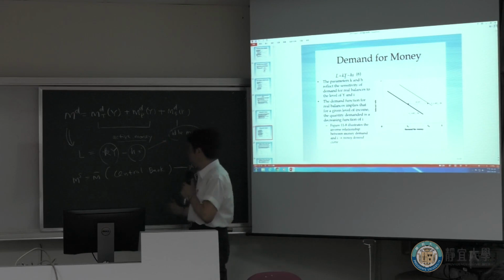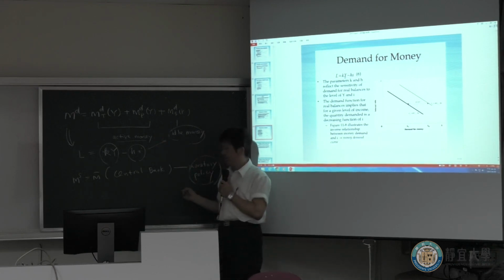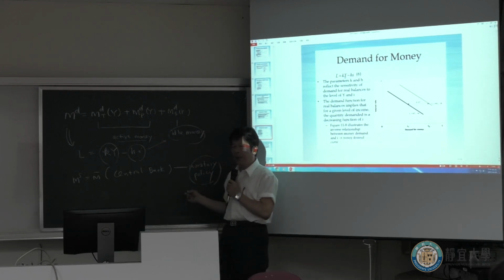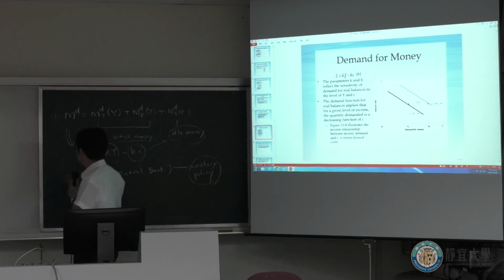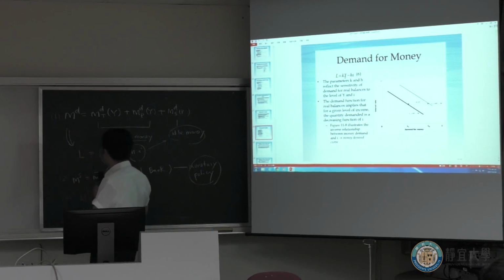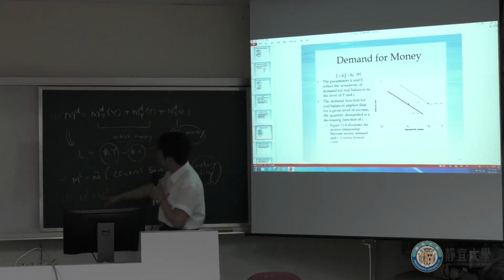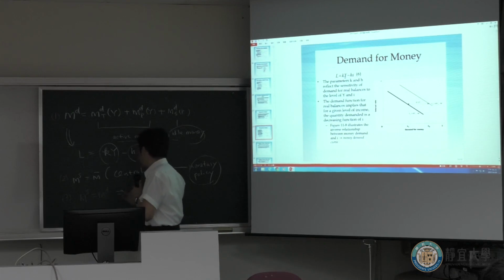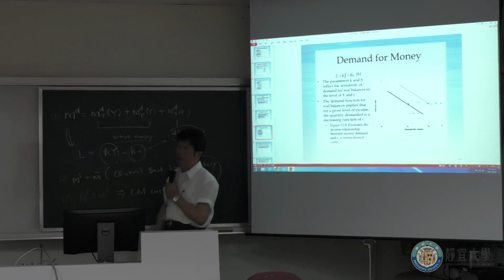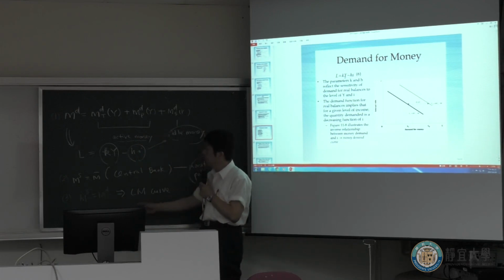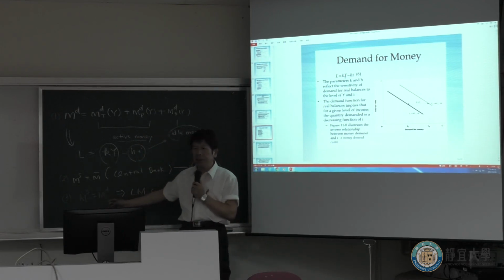So you can see in particular how the central bank controls the money supply, okay? So this is the first, and this is the second, and the third one is money supply equal to money demand, okay? So if we can find it, then we get what we call the LM curve, okay? Because the LM curve actually combines the money supply and the money demand, okay?